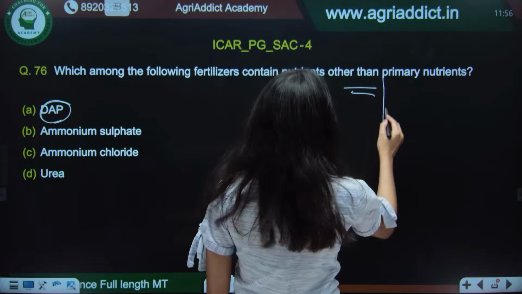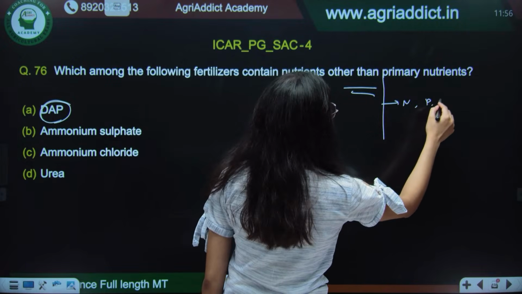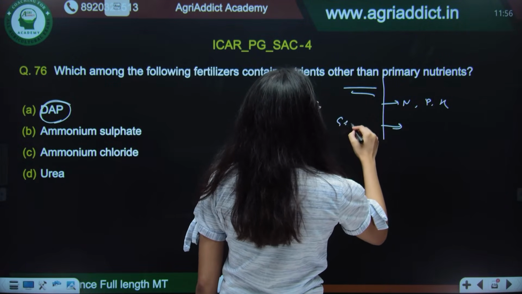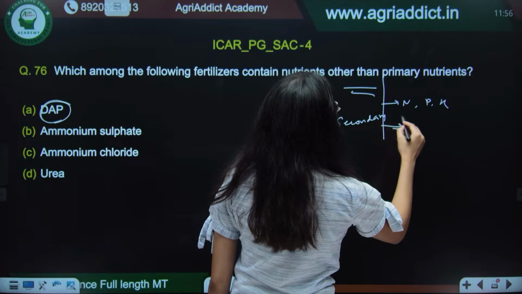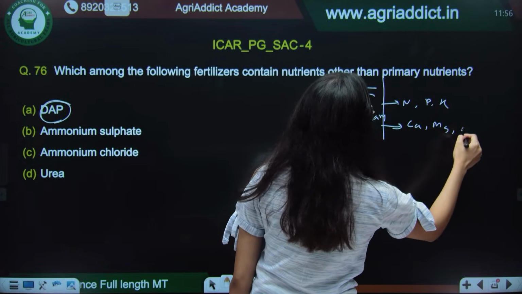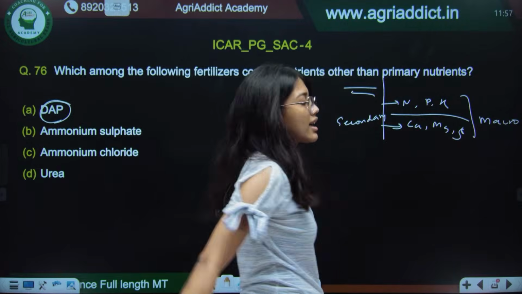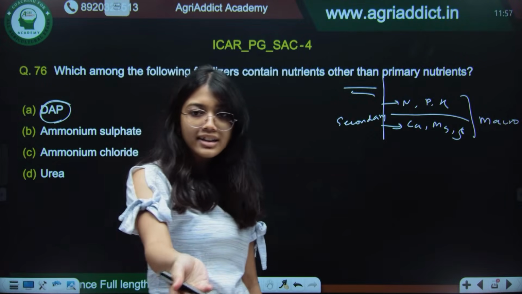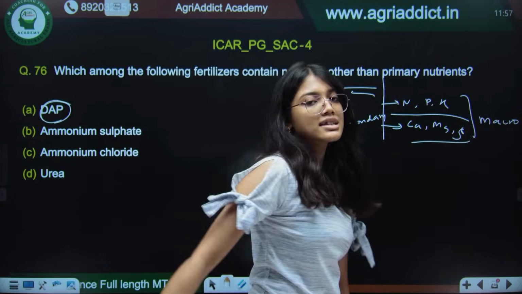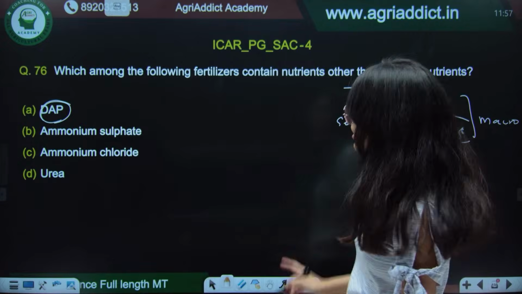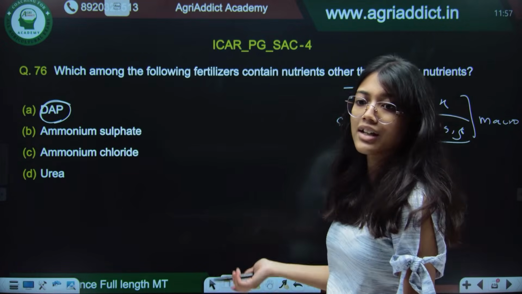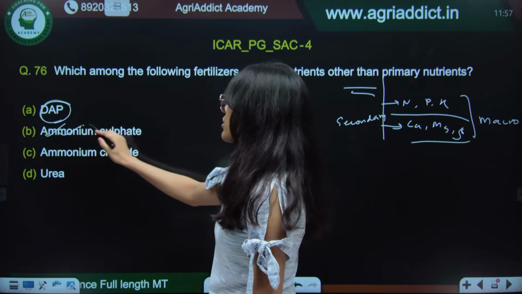Primary means NPK and secondary means Ca, Mg, S. Both are macronutrients, but primary ones are required in higher quantities or are more direct in action, and Ca, Mg, S are required in relatively smaller quantities. So whichever will have sulfur, it is option number B, ammonium sulfate.